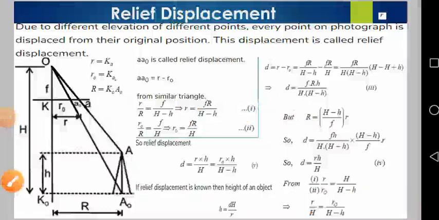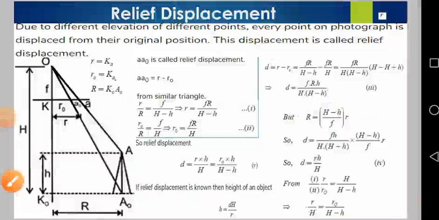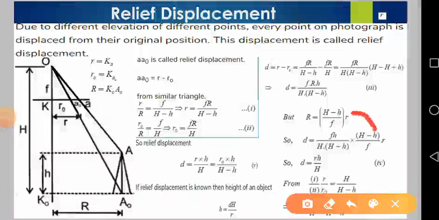So you get the expression for capital R. For simplifying, I will substitute this capital R into equation number 3. So D is equal to f divided by h into h minus h, the same as that, h I take here, but r I keep as h minus h divided by f into r.